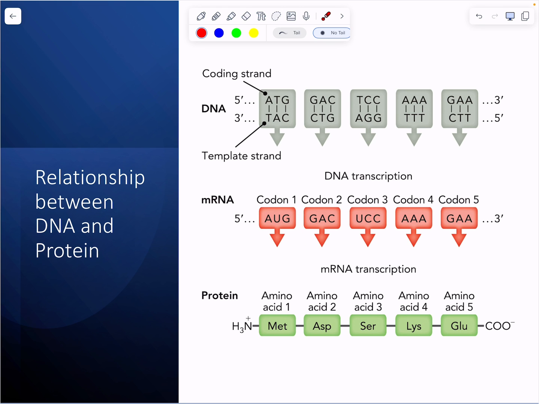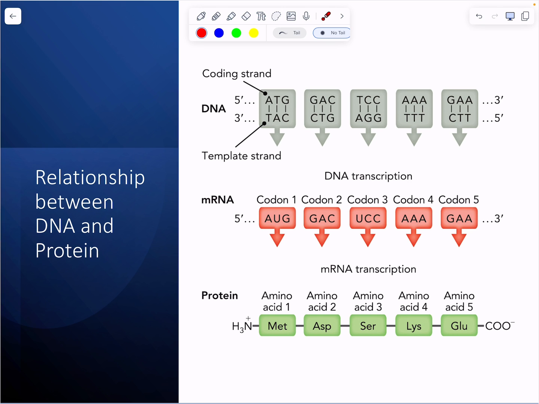Each triplet, each 3-letter word, codes for a different amino acid or is a signal to stop. We call that the genetic code.